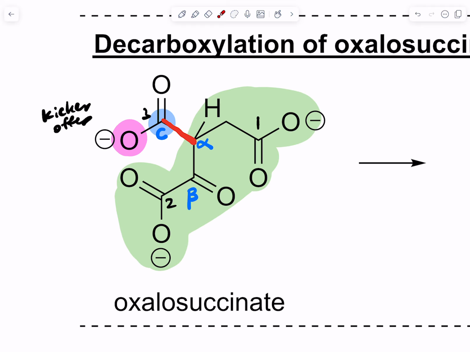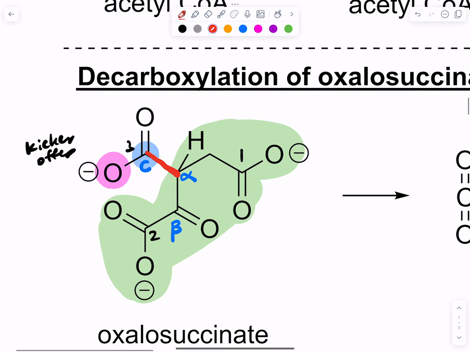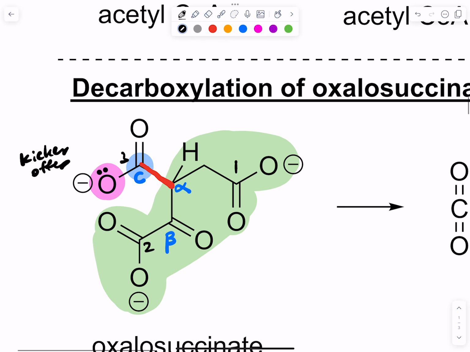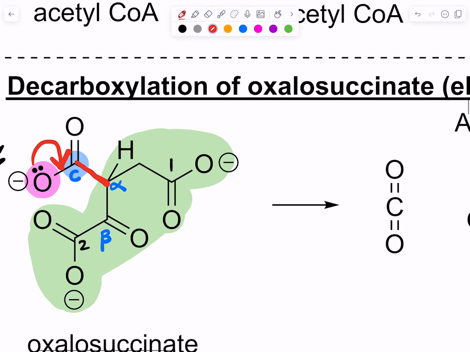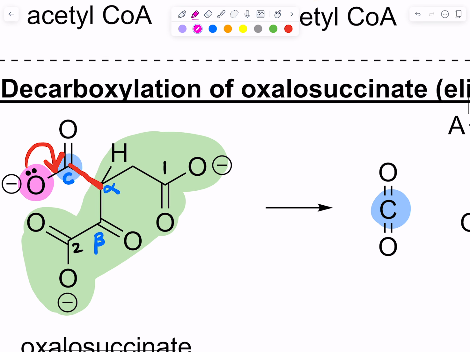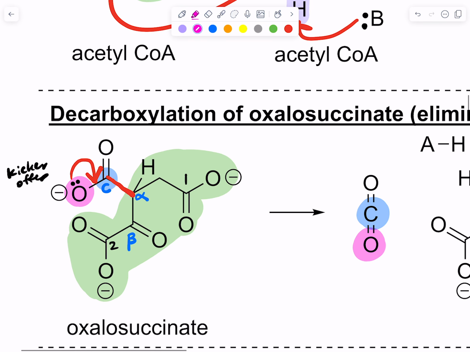So what arrow am I going to use then to show the decarboxylation? Where does my arrow start? Let's start with those lone pairs. They move here. That signifies the making of a new carbon-oxygen pi bond. That's the pi bond between this carbon and, let's say, this oxygen and CO2.